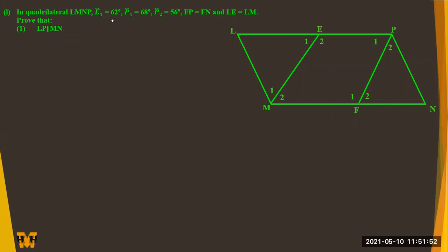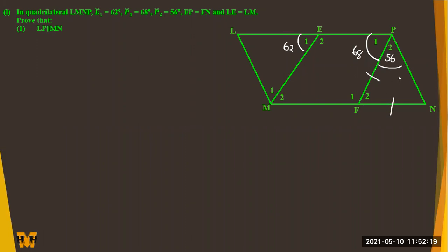We have E1 is 62, P1 is 68, this one is 68. We have P2, which is 56. And further than that, FP is actually equal to FN.